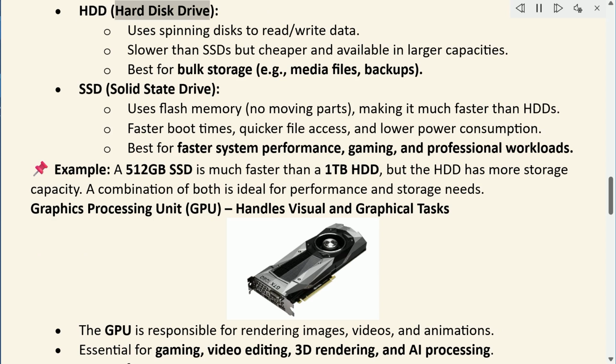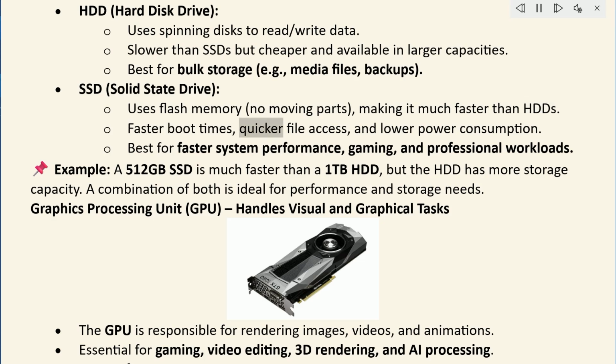HDD, hard disk drive. Uses spinning disks to read or write data. Slower than SSDs but cheaper and available in larger capacities. Best for bulk storage, e.g., media files, backups. SSD, solid-state drive. Uses flash memory, no moving parts, making it much faster than HDDs.